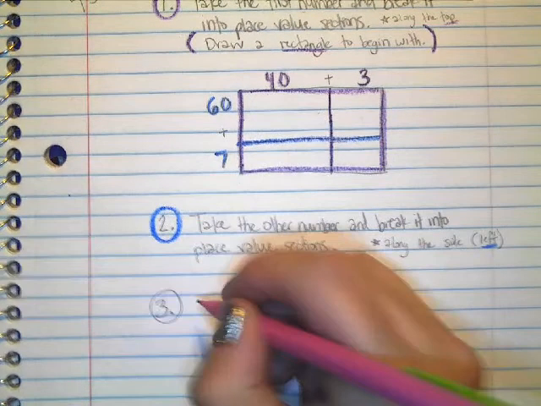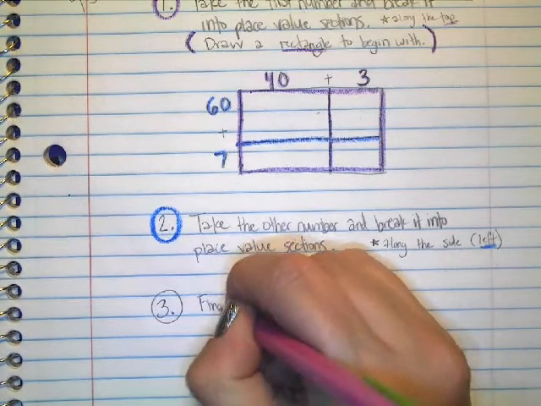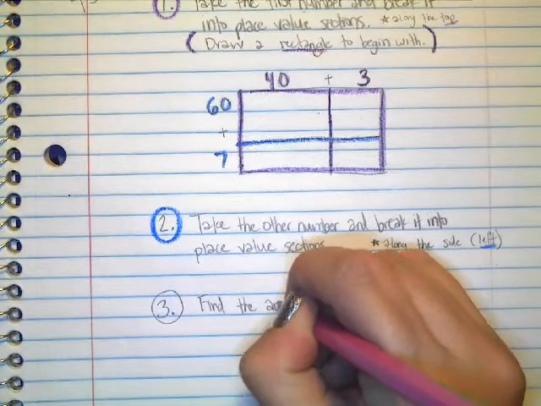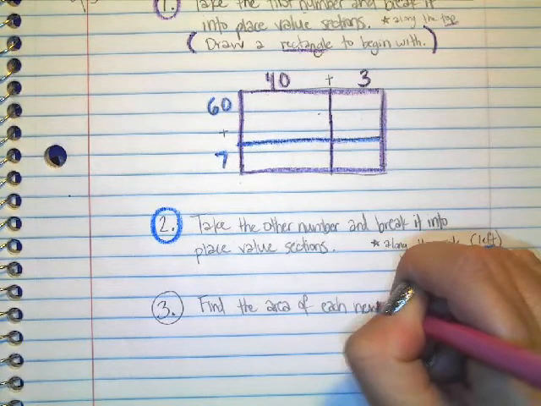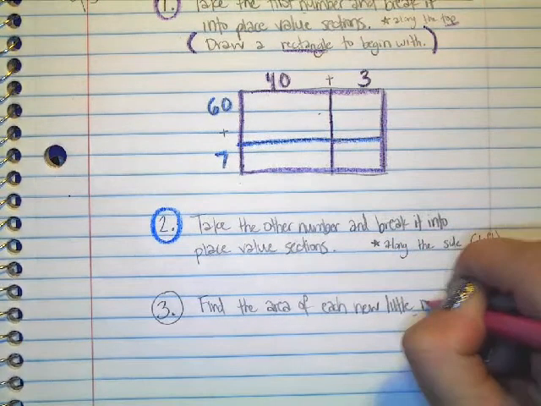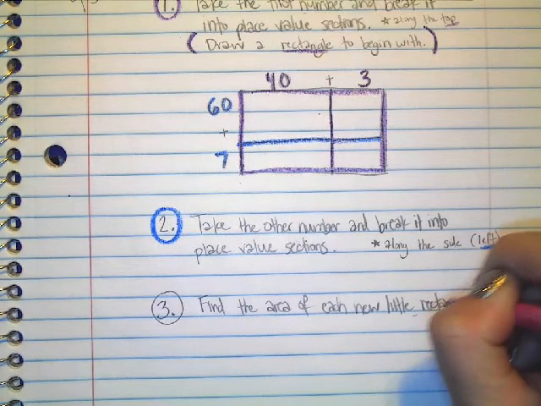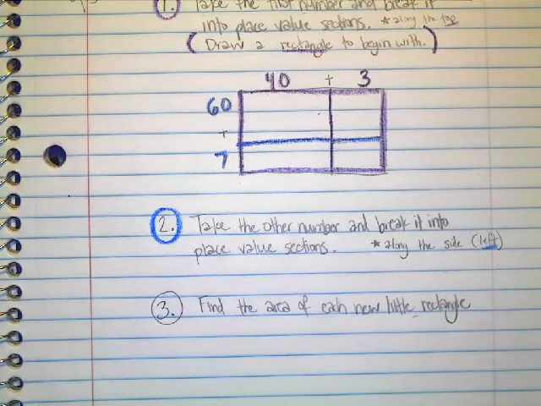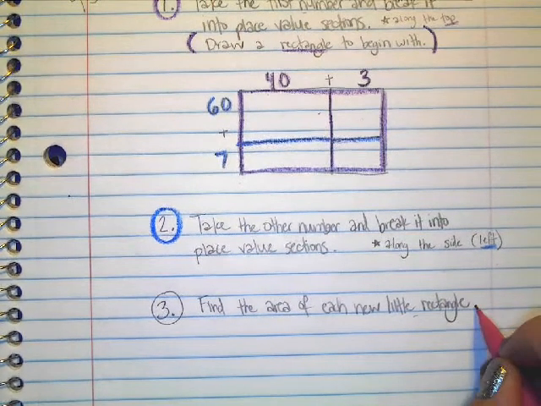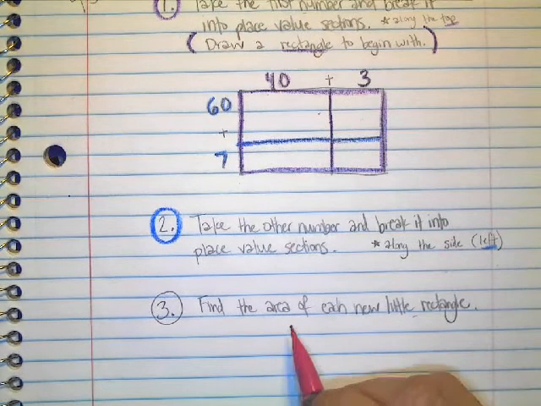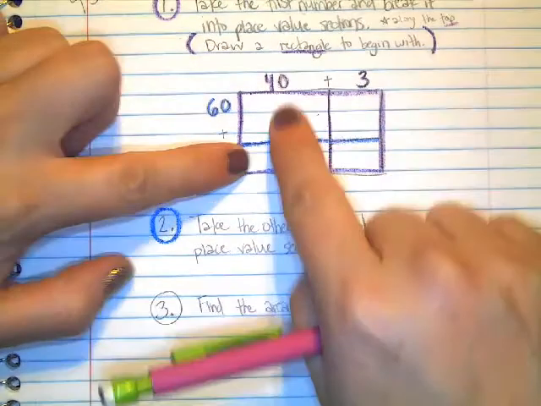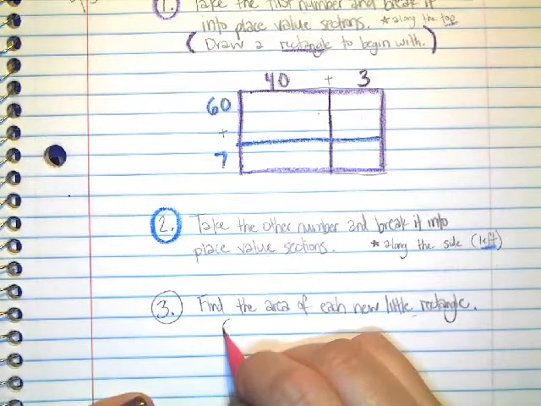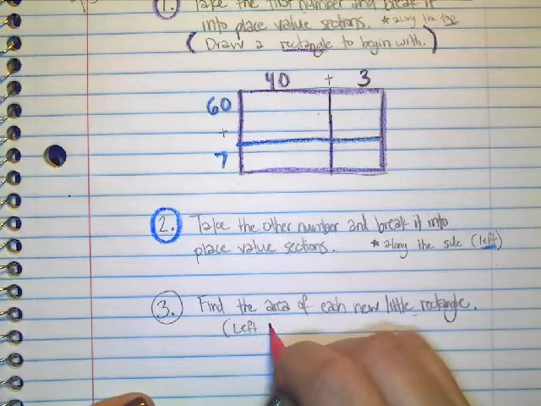Step number 3. Find the area of each little new rectangle. That's what I was just talking about. So area means length times width, remember, but you're just going to remember as take the left number multiplied by the top number.